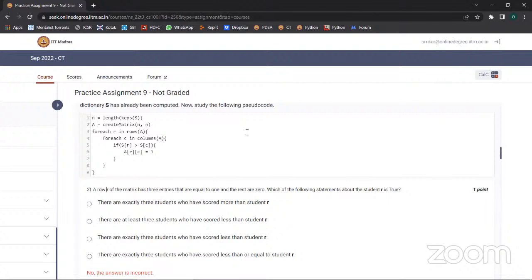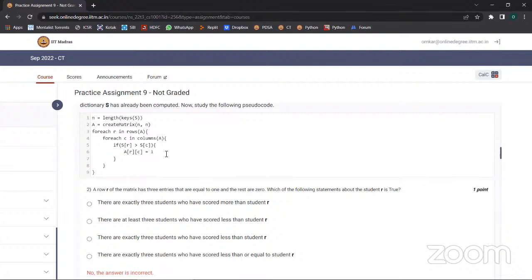See, for example, let's consider this, Kajari. Just a small example. Let's compare your marks with my marks. If I say there is an edge from me to you, what does that imply? My marks are greater than yours, correct? So if I am R and you are C, then A[R][C] will be 1.